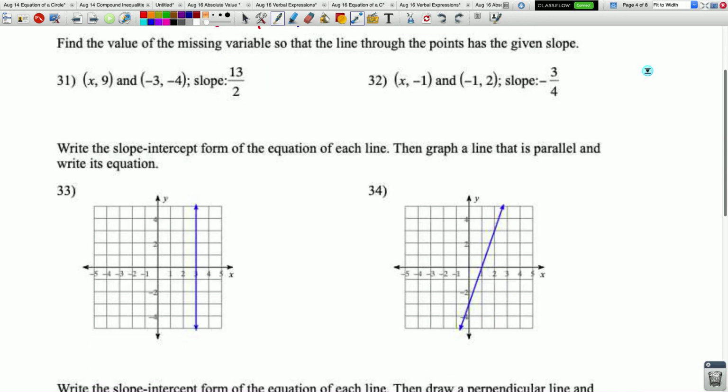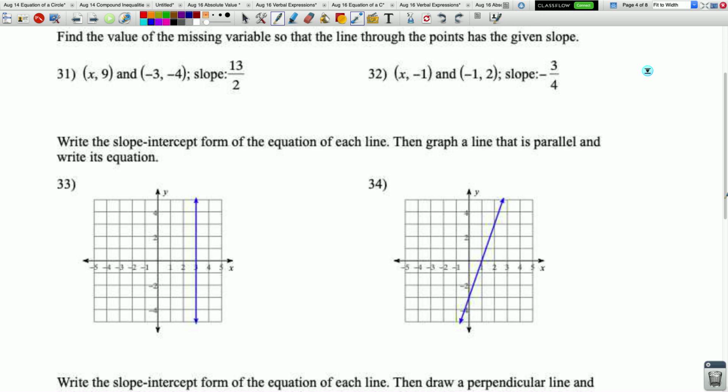All right, so let's do this in a different direction. We have 2 points and a slope, but one of the values is missing. So still label them x1, y1, x2, y2. Plug it all into the formula.